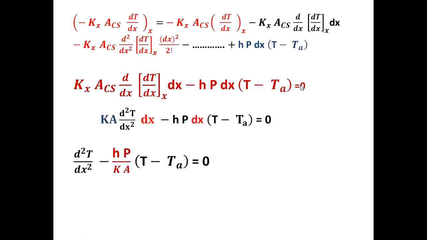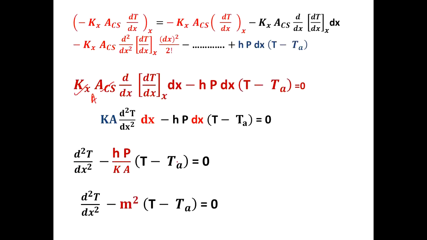This will be the final equation. What I am doing here: the material is isotropic, cross section area I took as A, and then if you divide this whole thing by kA, the kA will get cancelled, and this will be the term.